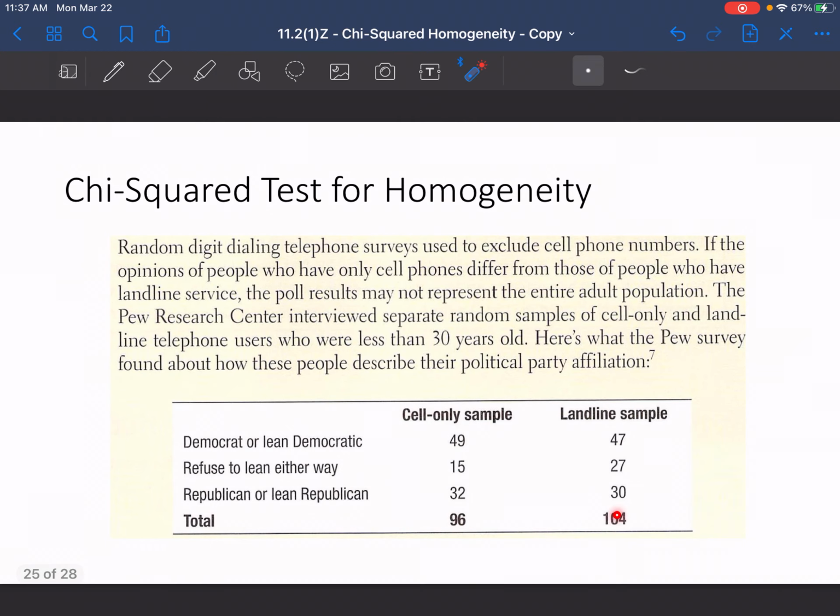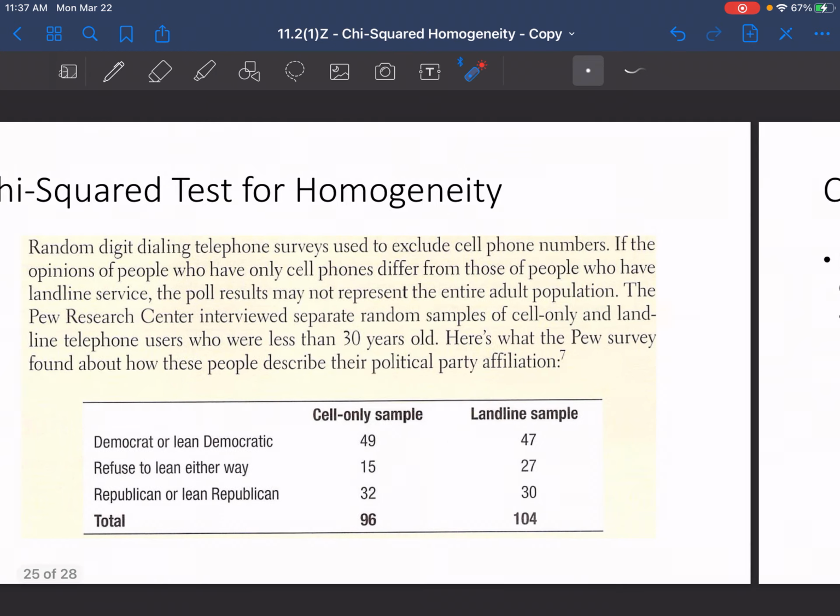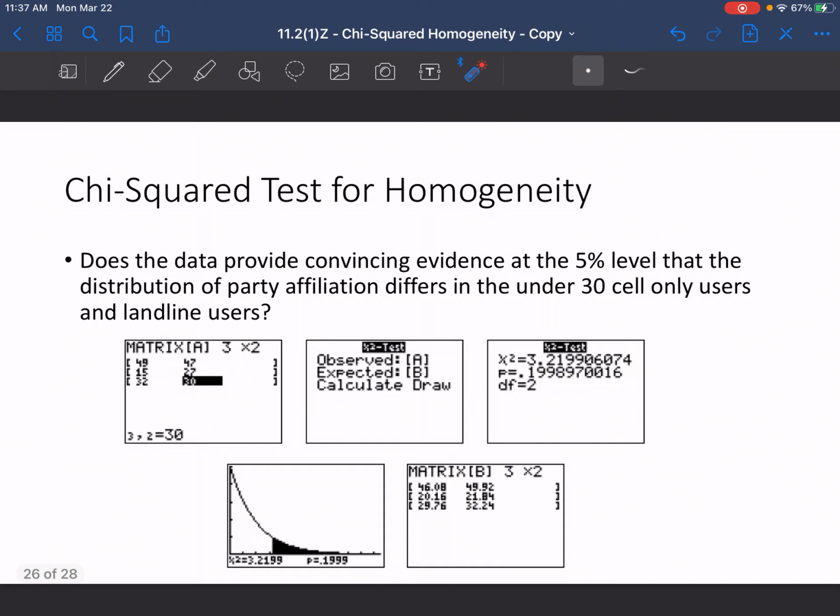We're not counting our total values here, so it would only be a 3x2 matrix and not a 4x2 matrix. We would enter all of our observed values, then go to stat, arrow over to tests, find the chi-squared test, and enter matrix A for the observed values. Matrix B would still be there for the expected values.